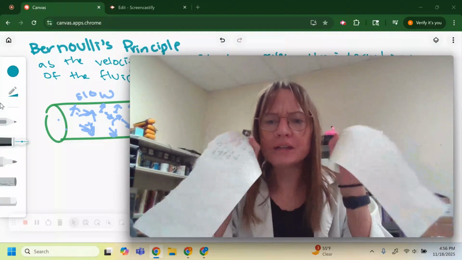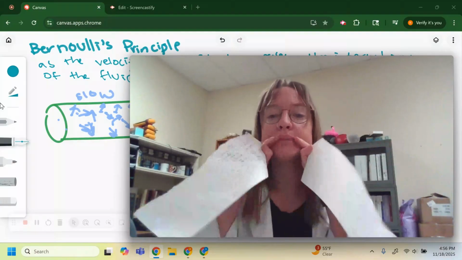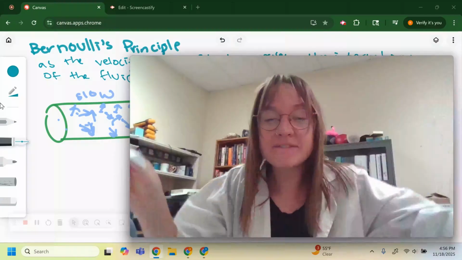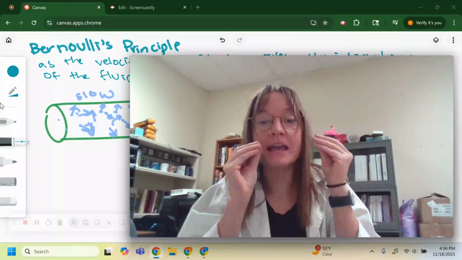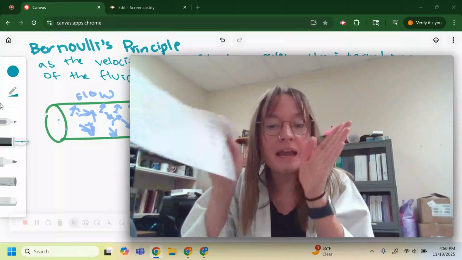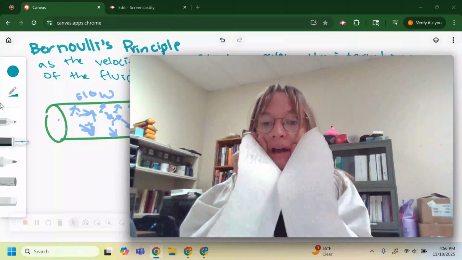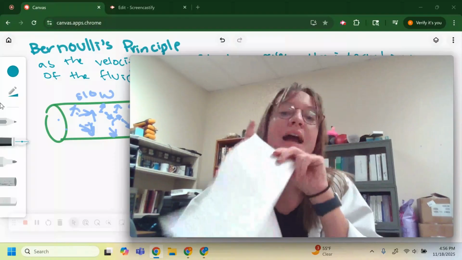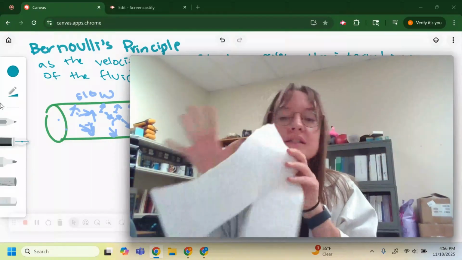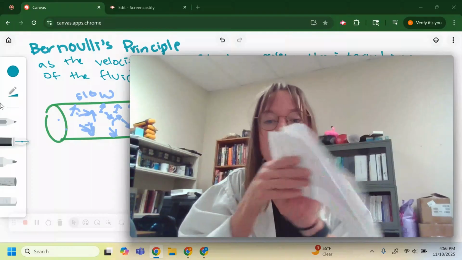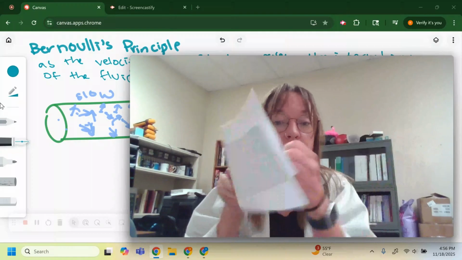Now, why do these two pieces of paper move together? Well, because when I blow, I create some fast-moving air. And that fast-moving air has a lower pressure, meaning it presses on the pieces of paper less hard. Meanwhile, on the outsides, I've got slow-moving air here and slow-moving air here. That slow-moving air is higher-pressure air, so it presses on the paper a little bit harder, and the air on this side also presses on the paper a little bit harder.